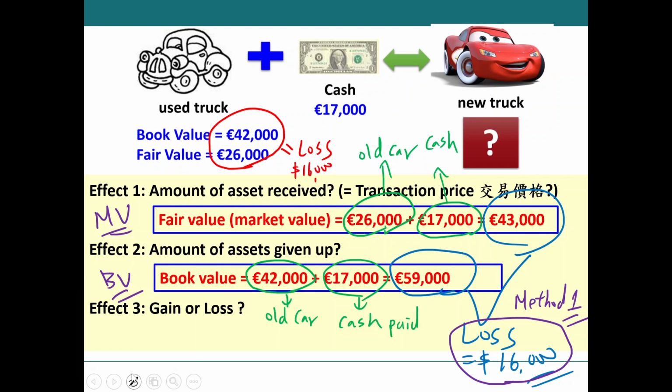So this is your second method. Also, you can find out this is your gain or loss. I think my old truck's value is $42,000, but when I go to sell it to the market, they said its value, the selling price, is only $26,000. So that's your loss, right?